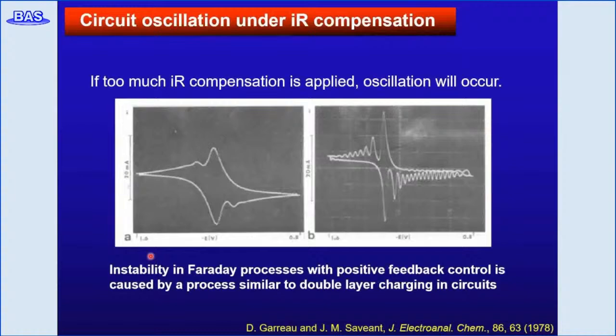If too much IR compensation is applied, oscillation of the circuit occurs. On the left-hand side, the small second peak beside the main peak was due to the early stage of the oscillation, and on the right-hand side it shows that oscillation occurred.